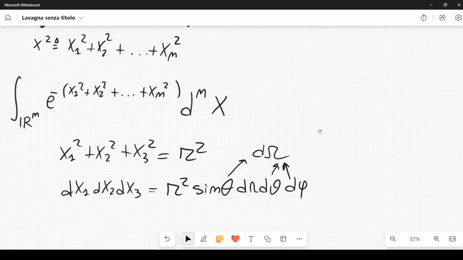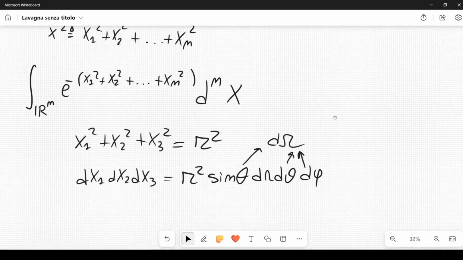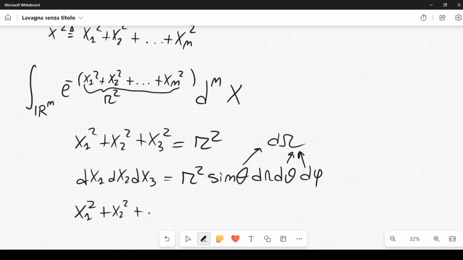Something similar can also be done in n dimensions. In particular, this will be equal to r squared, but in this case, of course, we have n variables, so this will be an n-dimensional sphere. So the n-dimensional sphere will satisfy the equation x1 squared plus x2 squared plus ... xn squared equal to r squared.